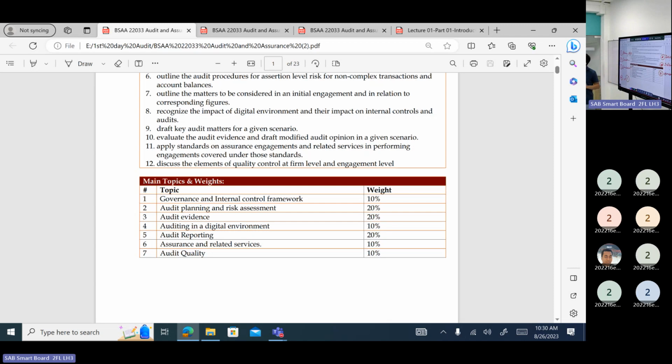Why, as auditors, are we worried about the control mechanism in the organization? To assess the risk level, you should have a proper understanding of the control. So to issue the audit opinion, we should evaluate the risk.